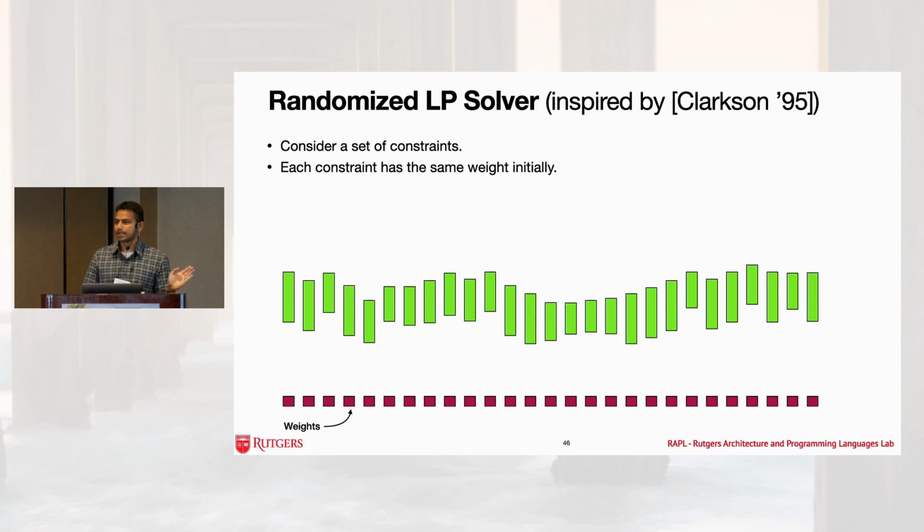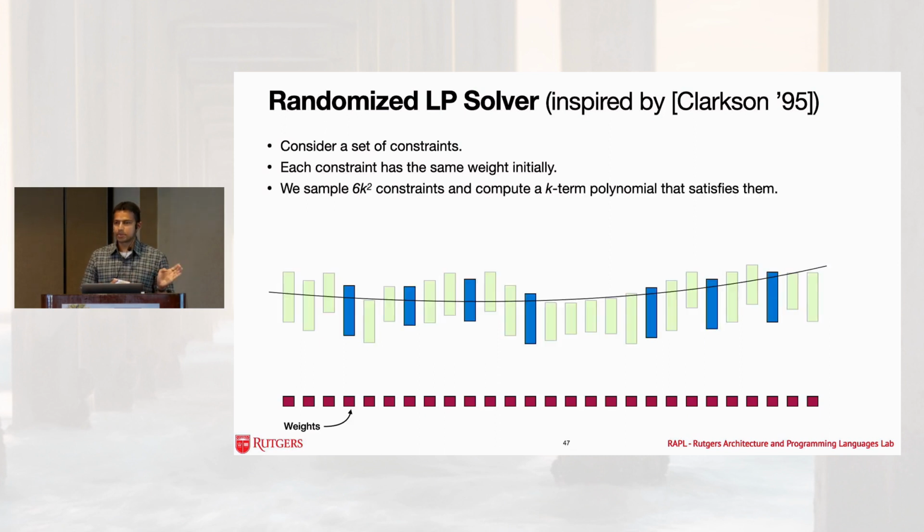Initially, each constraint is assigned the same weight. We sample 6 k-squared constraints and solve a linear program with only these constraints to compute a k-term polynomial. Now in particular, note that 6 k-squared is a very small number compared to the potentially billions of constraints that we have in our system.